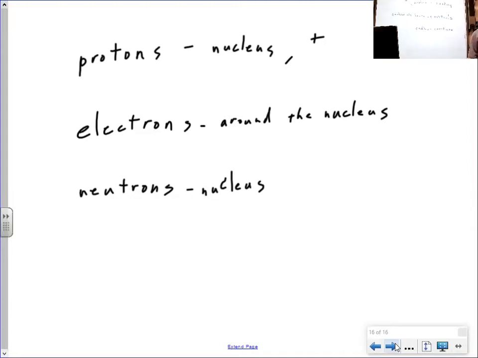Neutrons are neutral. Electrons are negative. So when you're talking about the charge, I don't care about neutrons because they're zeros all day long. Okay? Protons and neutrons are in the nucleus. Protons are positive. Electrons are negative.